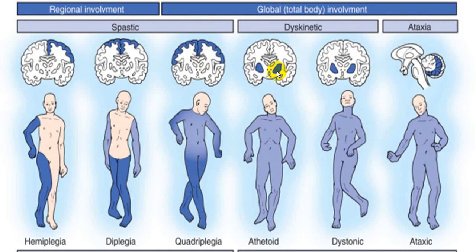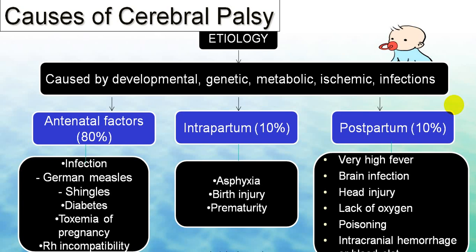If we get involvement of the basal ganglia, then we can have dyskinetic variety of presentation, which can be athetosis or dystonia. And if there is a cerebellar involvement, it will be ataxic variety of neurological findings. So this will be the presentation what you come across in a cerebral palsy.